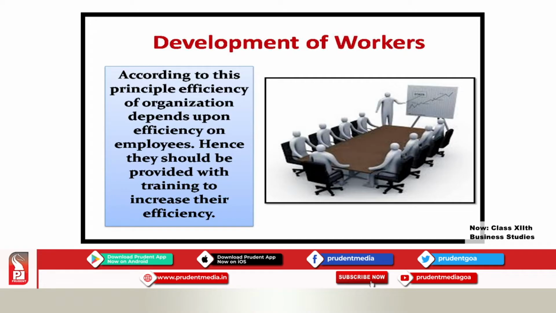While selecting the employees, you have to conduct the different tests which are required in order to employ the best of the employees out of the number of candidates available to you. And because of that, proper training should be provided to the employees before joining the job. The duties should be assigned to them according to their capabilities, according to their expertise.